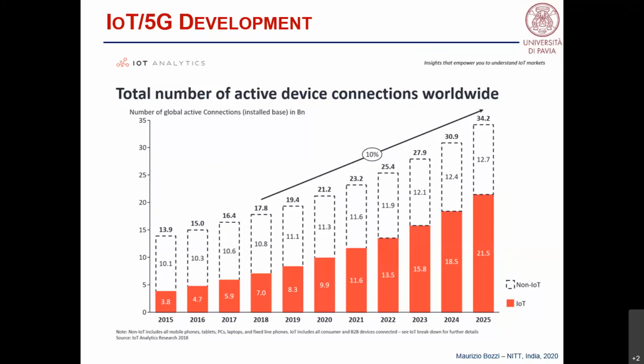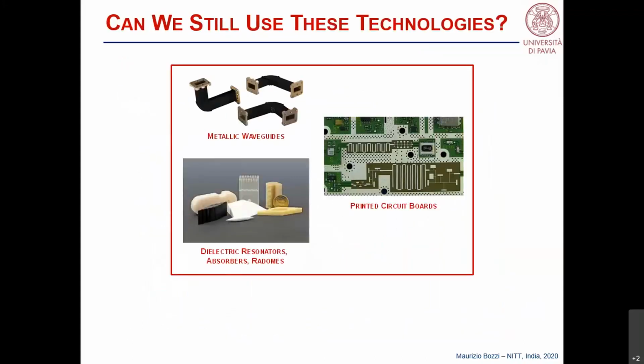And if we want to cope with these requirements, what we need is a technology that is low cost, easy to integrate, easy to develop. So this is the basic message for the next generation of wireless devices.